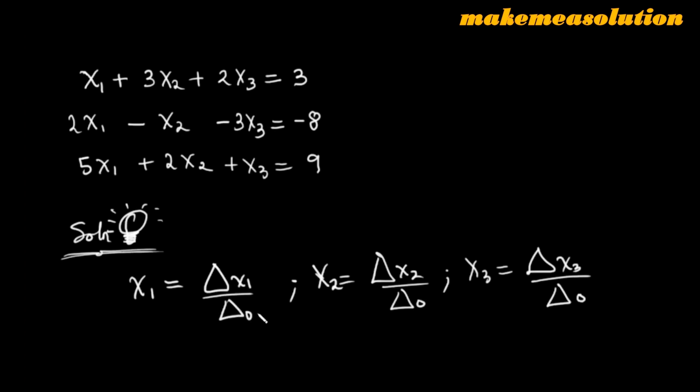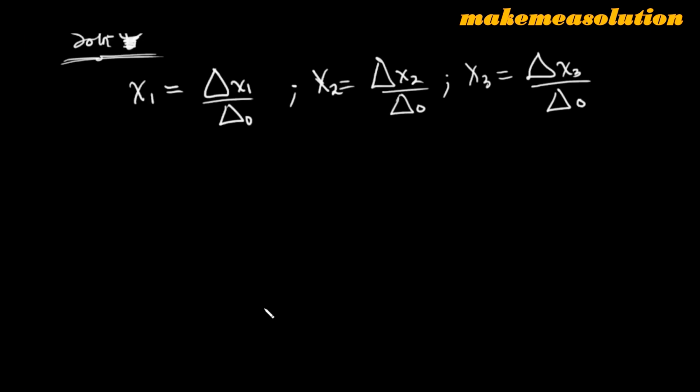And delta naught is the matrix that comprises the coefficients of the variables in question. So we are going to start by evaluating delta naught, which is the determinant of the coefficient matrix. So how do we build it?